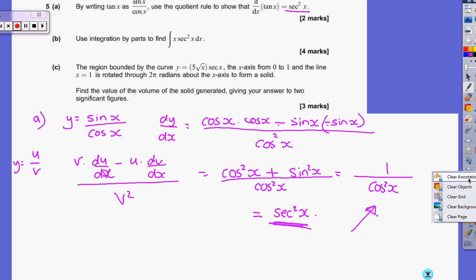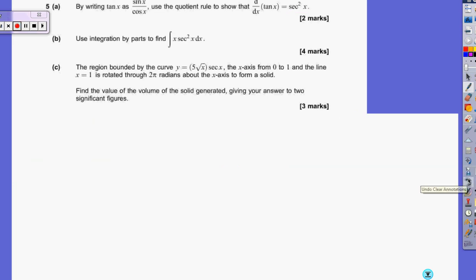So let's clear that and have a look at B. So we're now going to integrate x sec squared x. So there are two terms in terms of x, which means we're going to use the equivalent of the product rule for integration, which is integration by parts.